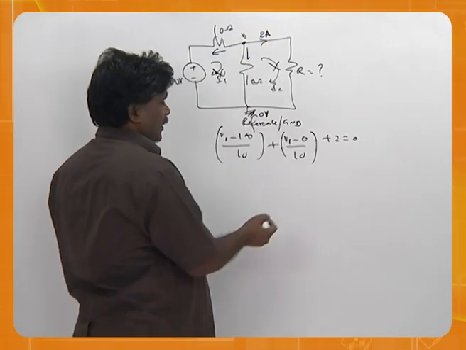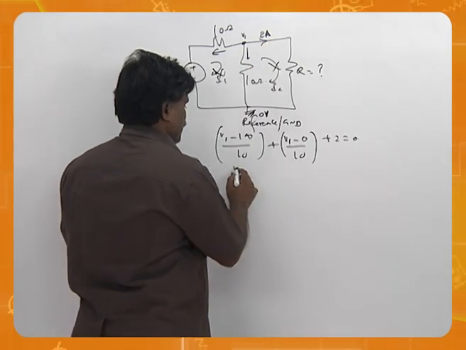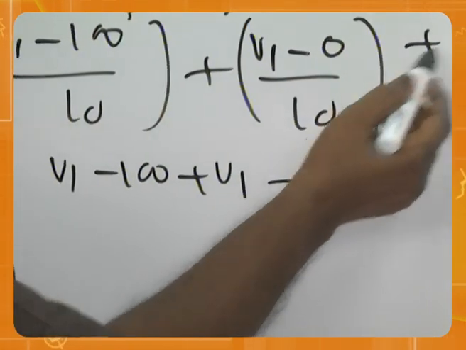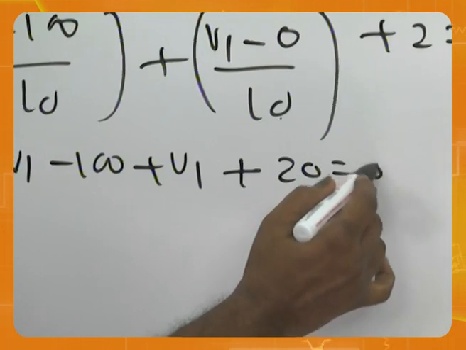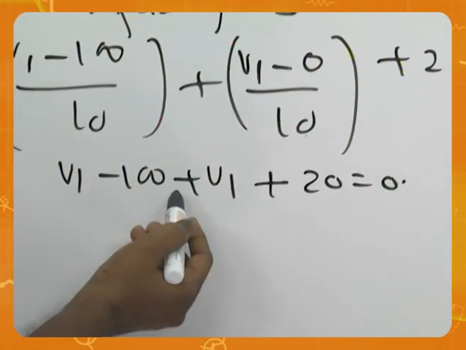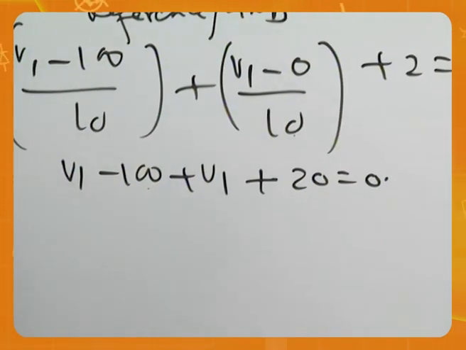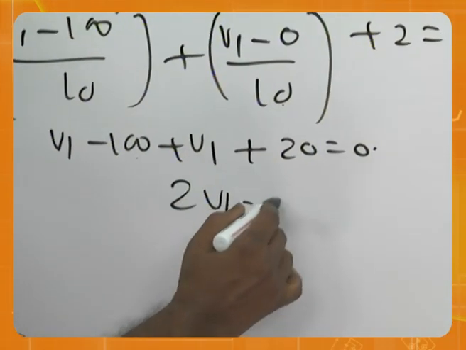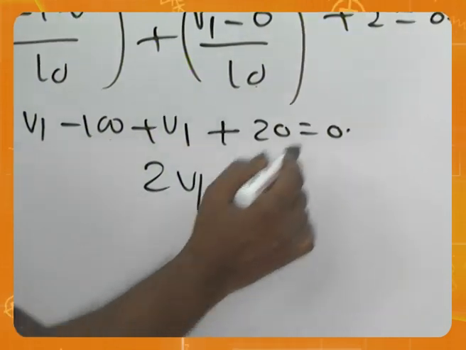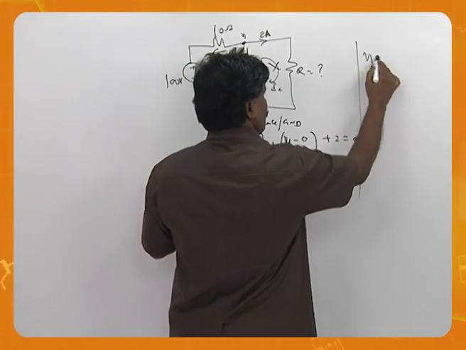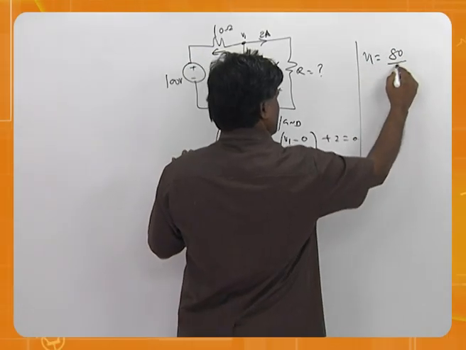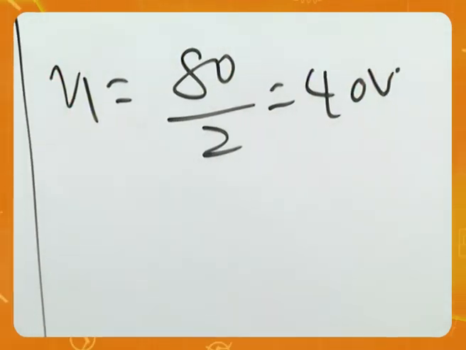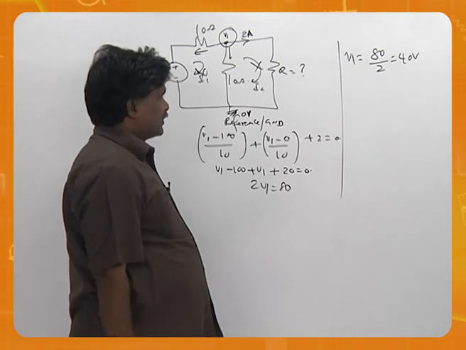If you take LCM, you get V1 minus 100 plus V1, this becomes 20. So this is minus 100 plus 20, which is 80. Therefore, 2V1 is 80, and hence V1 is 80 by 2, which is 40 volts. And this we understood now as 40.